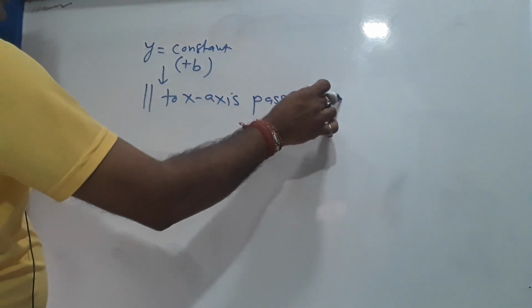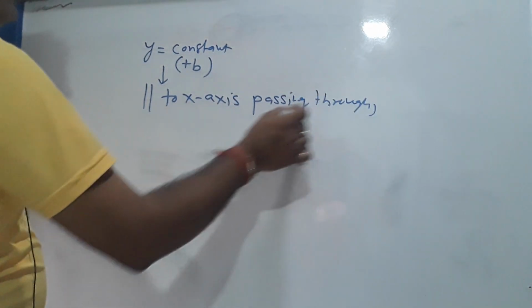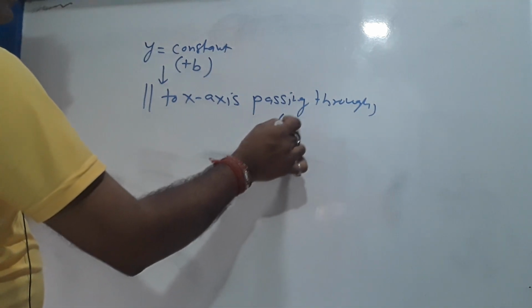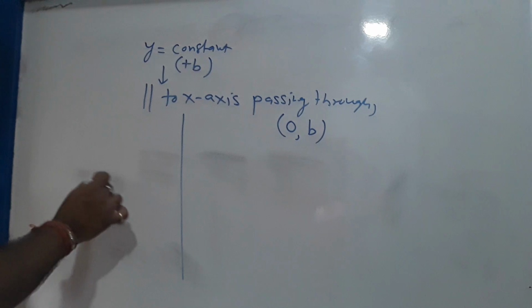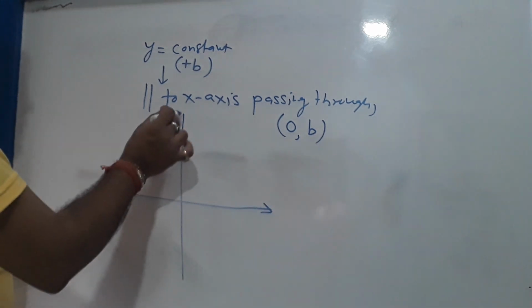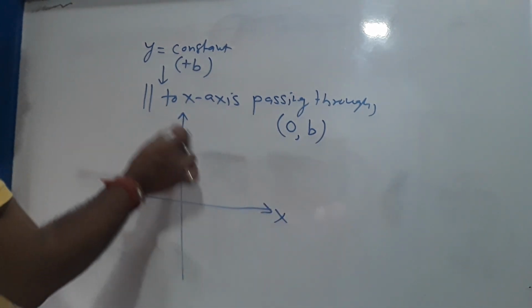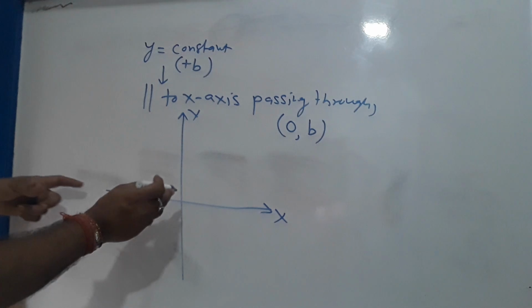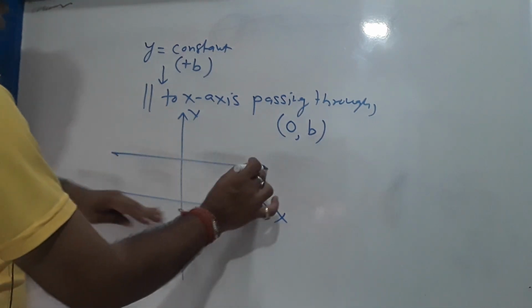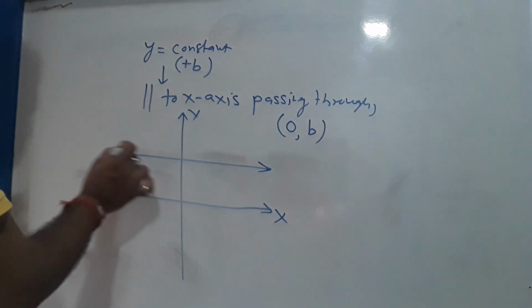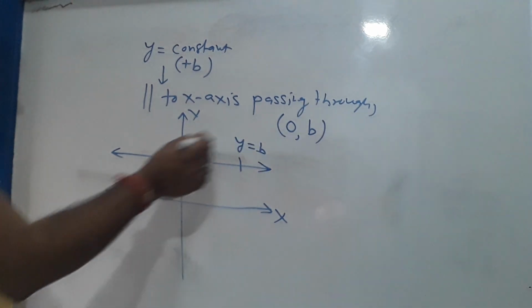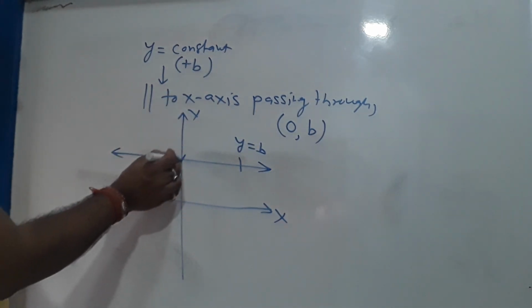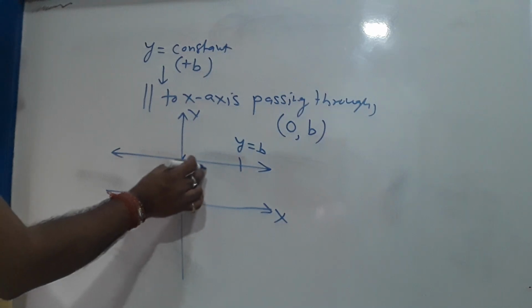Now the y value is b, the x value is 0, so 0 comma b. So when the y value is constant, it is a line parallel to the x axis. Y is equal to b passes through 0 comma b. On the y axis the x value is 0, so 0 comma b.